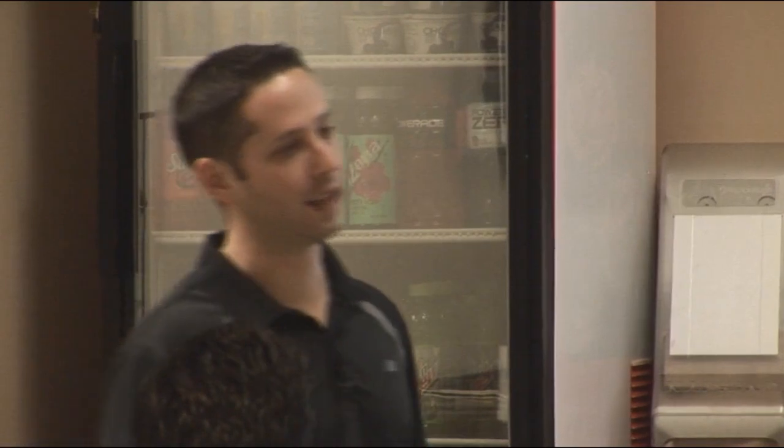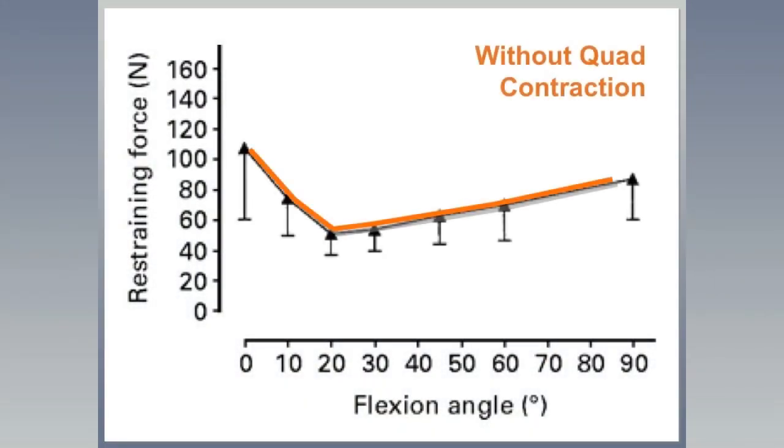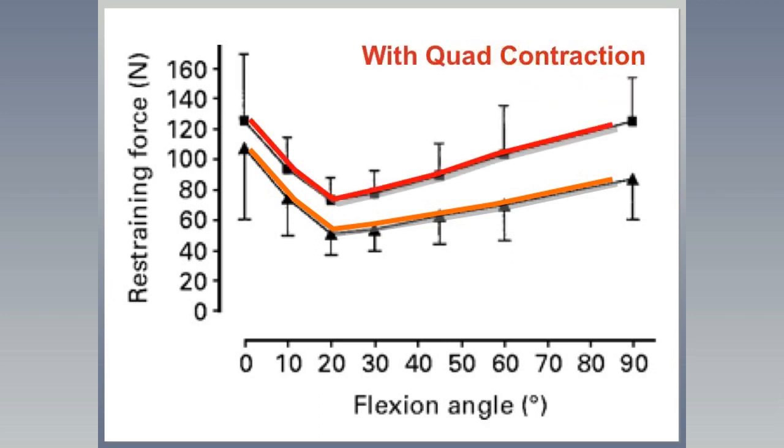But it's not just the shoulder. There's an interesting study done on the patellofemoral joint. If you look at displacing your patella laterally, so kind of like subluxing or dislocating, more subluxing your patella, if you do not contract your quad, you can slide your kneecap a little bit easier than if you do contract your quad. What this graph shows is that when you contract your quad, in red here, it takes more force to displace your patella.